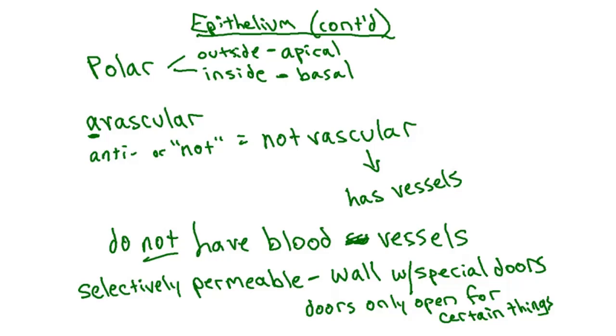So it's just like a bouncer at a club. The bouncer is only going to let certain people into the club, and they're going to kick the drunk people out, so it's just selectively permeable. It's just special doors that only open for specific molecules like oxygen and carbon dioxide.